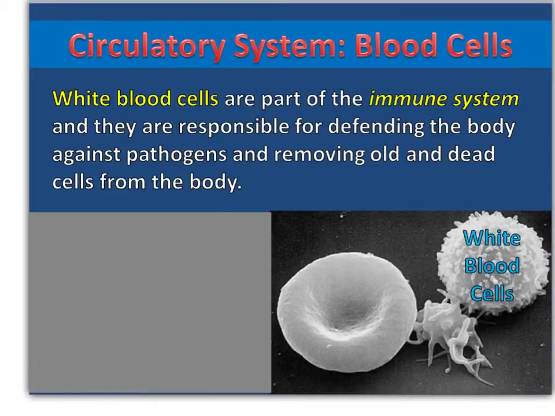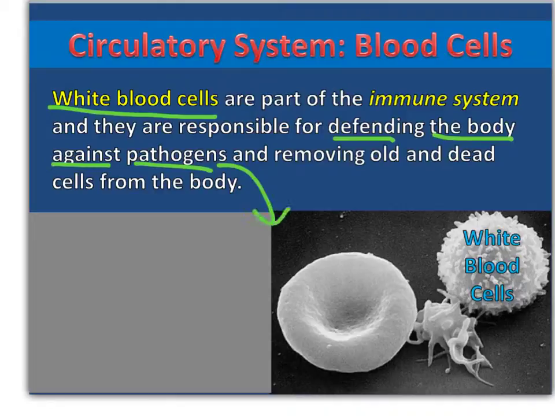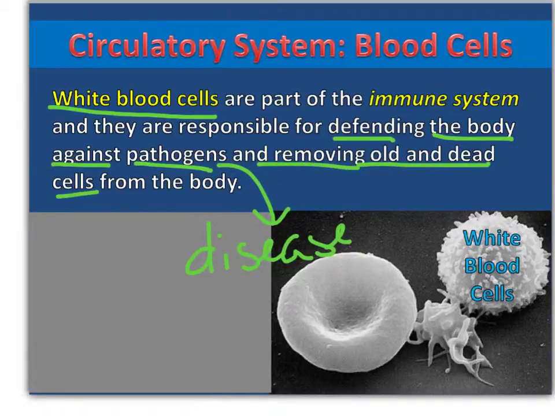Your next type of blood cell is a white blood cell. As part of your immune system, they defend the body against pathogens, which are disease, and remove old cells.